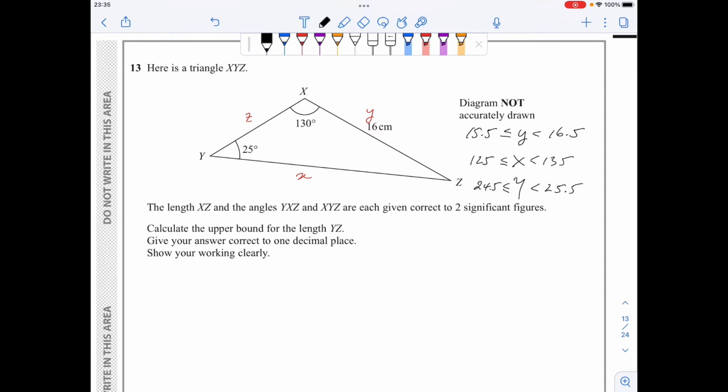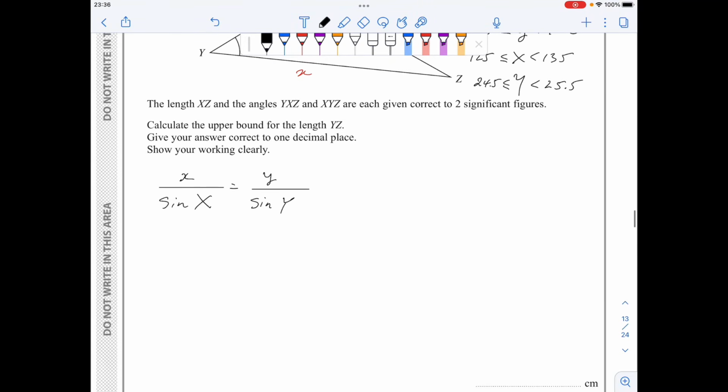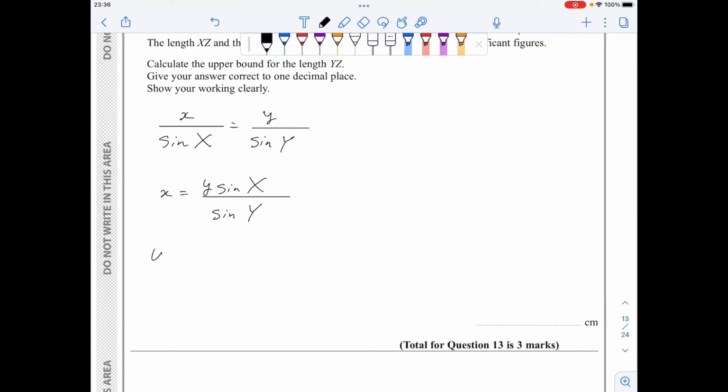To find length YZ, which is X, I'll need to use the sine rule. So X over sine of X equals to Y over sine of Y. And if I rearrange, I'll get X equals to Y times sine of X over sine of Y. Now I need the upper bound for that, which means I need the upper bound of the numerator and the lower bound of the denominator.